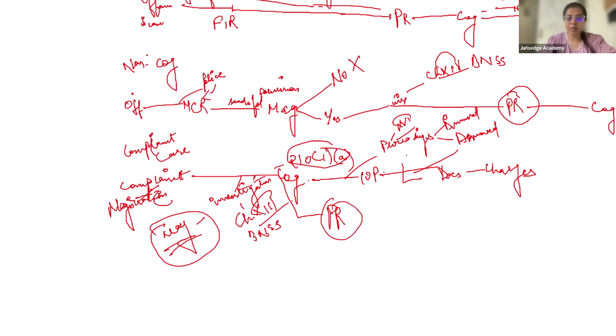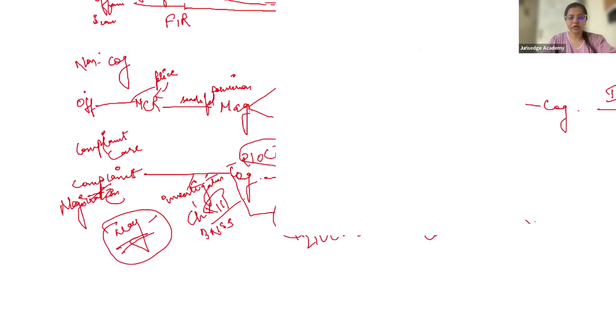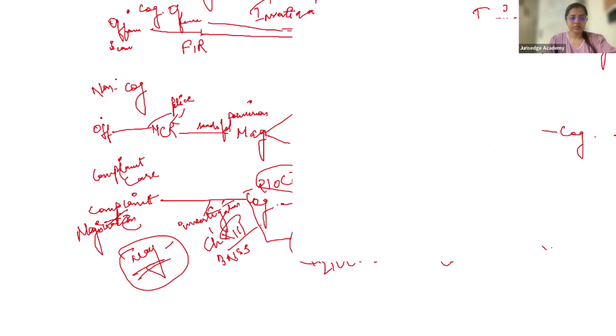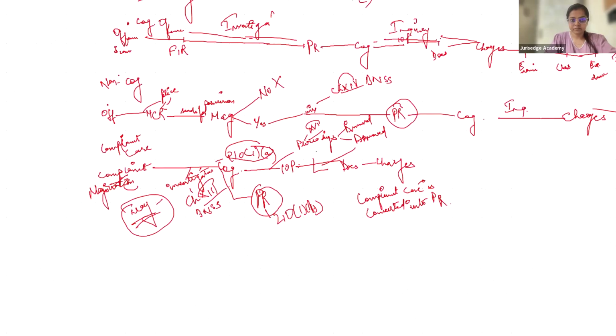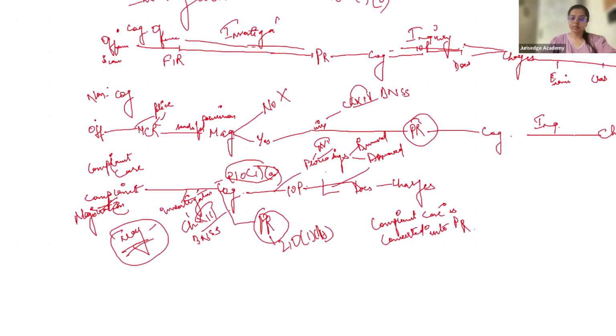So it will be 210(1)(b). This is a case where a complaint case is converted into a police report case.